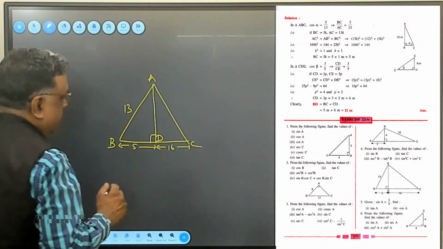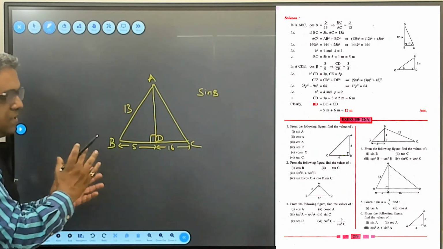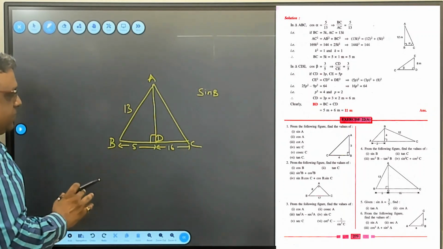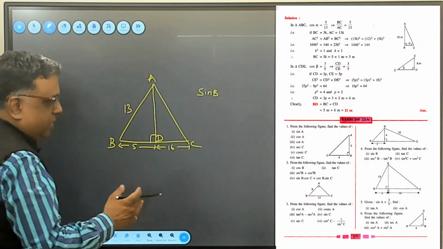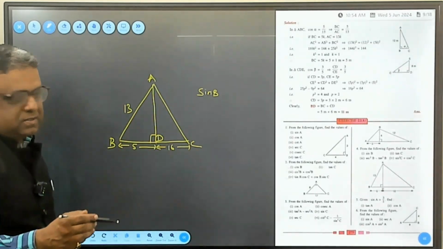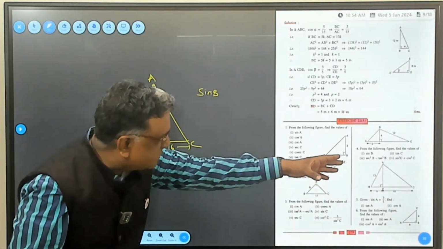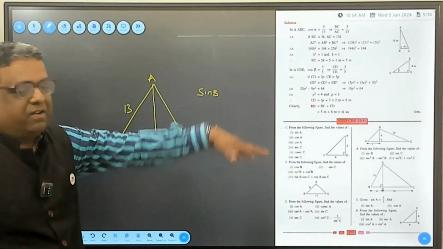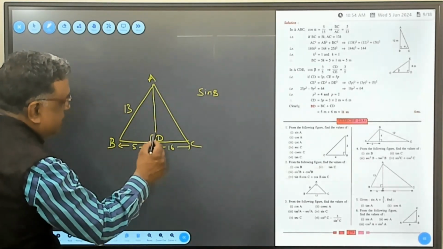Now we have to find sine B. Typically in this kind of sums, we should first calculate the values of all the sides, because we are going to require all the sides: whether tan A, cos A, tan C or sin B is asked, we'll need those sides. So if this is 90, this entire thing is 180, so this also will be 90.